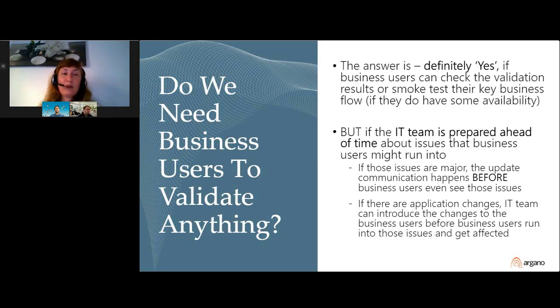So after hearing all the previous stuff, you might think, okay, business users are not available, they have their tasks, probably they should not validate. No, that's not the case. If they can do at least something, if they can validate at least the results of your automated validation, if they can smoke test, they should do this just to confirm that it's still okay for them.